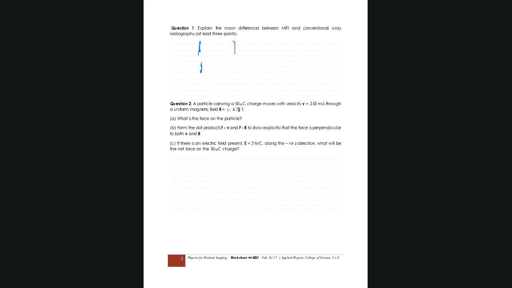One of them is considered dangerous or harmful, and that's X-rays. X-rays are harmful, while MRI is not harmful in terms of the biological effect. So these are the main three points that you need to mention.